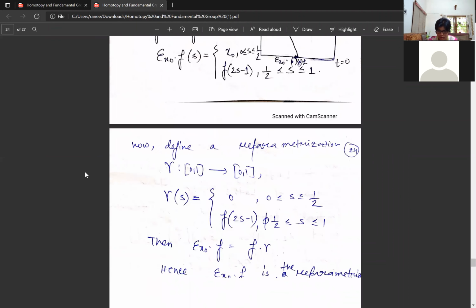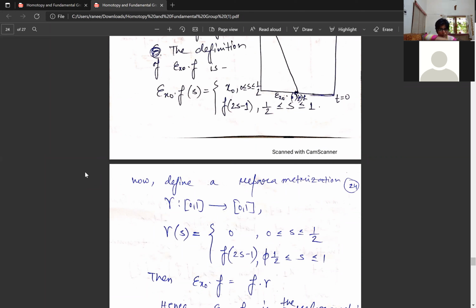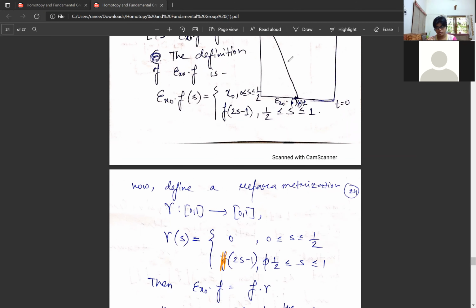It will be 0 from 0 to half, and then 2s minus 1. Sorry, here I have made one mistake. This will not be f, now there will not be any f. This reparametrization gamma is a function from 0,1 cross 0,1 to 0,1. So this will be just 0 in the first term, and then 2s minus 1.